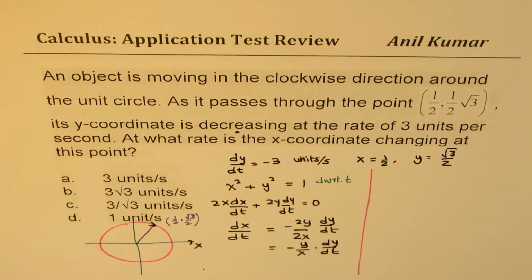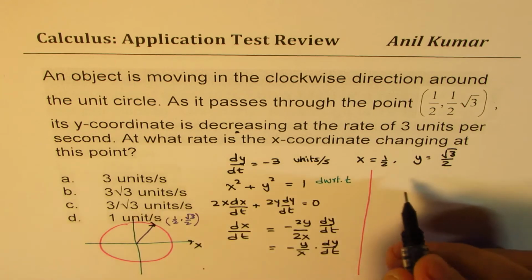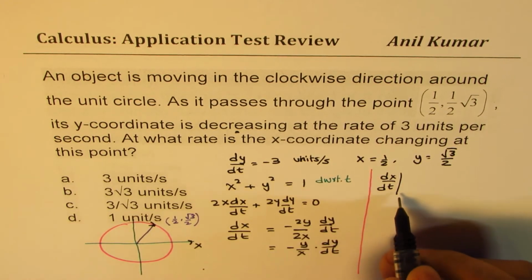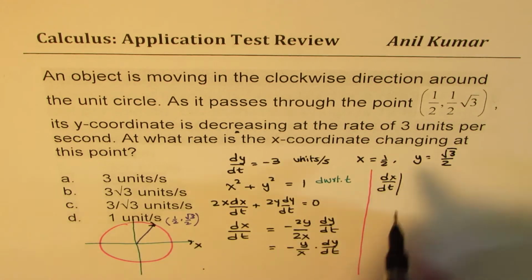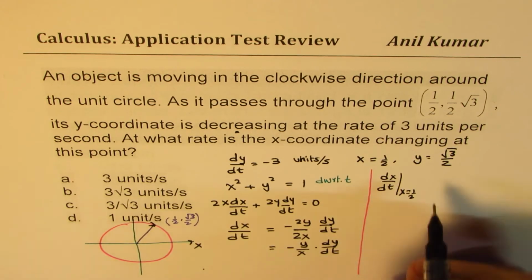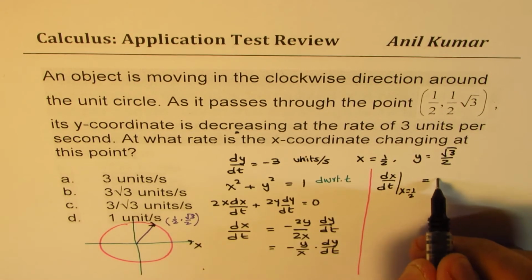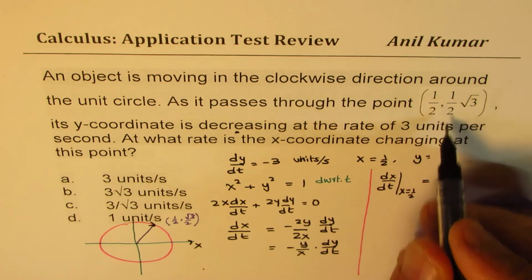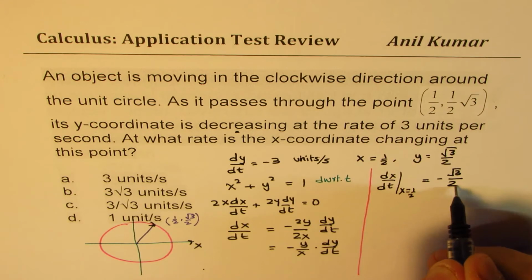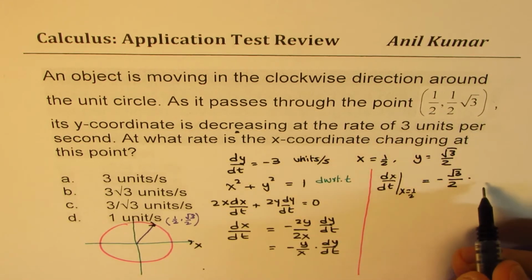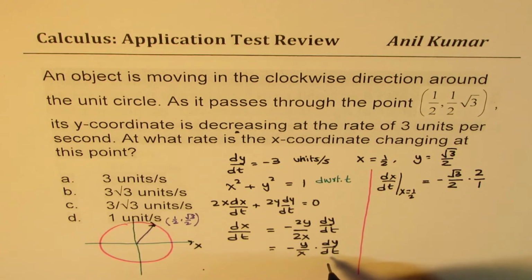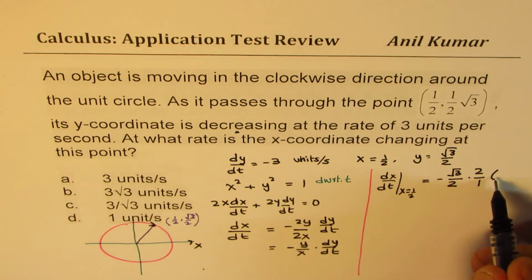Since we are interested in a particular position, we can say dx/dt, the rate of change of x, when the point is x equals 1/2, is minus of the y value, √3/2, divided by x, which is 1/2, times dy/dt, which is given to us as minus 3.